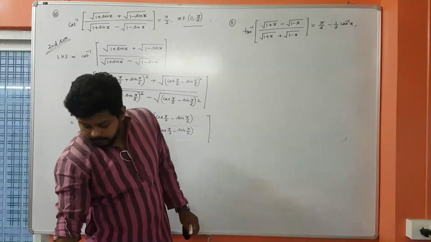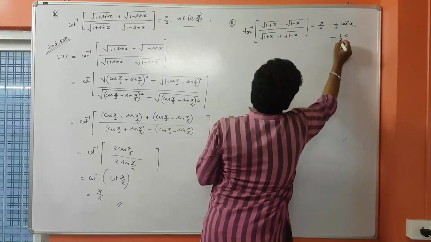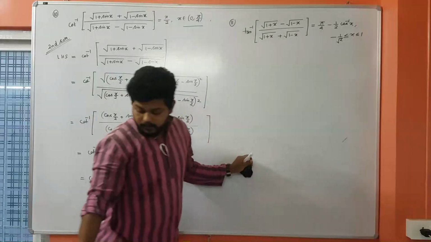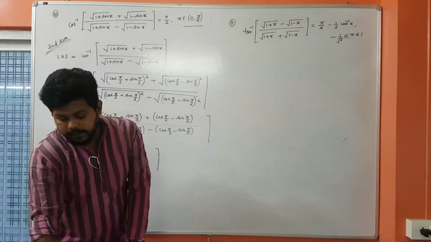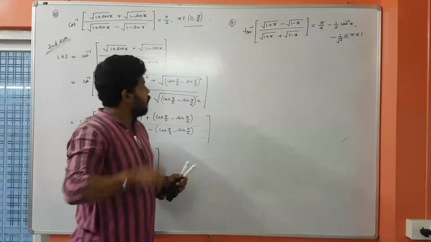You are given some conditions. You are given that minus 1 by root 2 less than x less than 1. You are given a hint. Put x equal to cos twice theta.